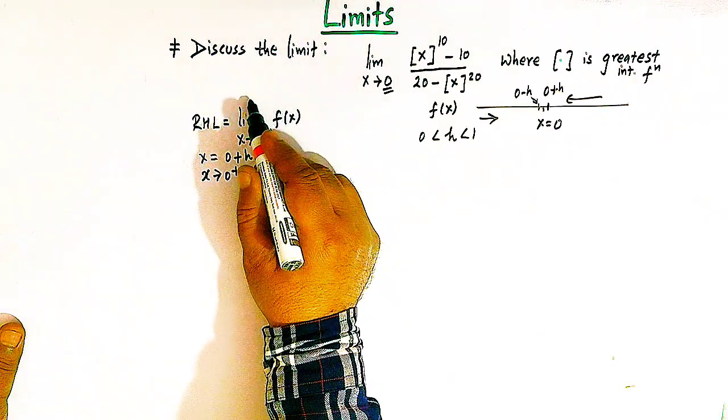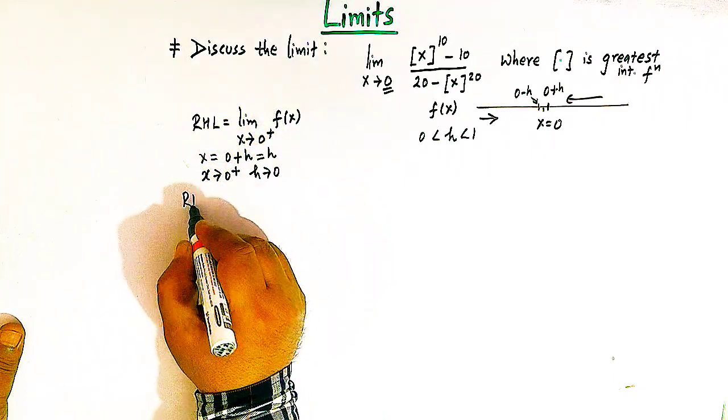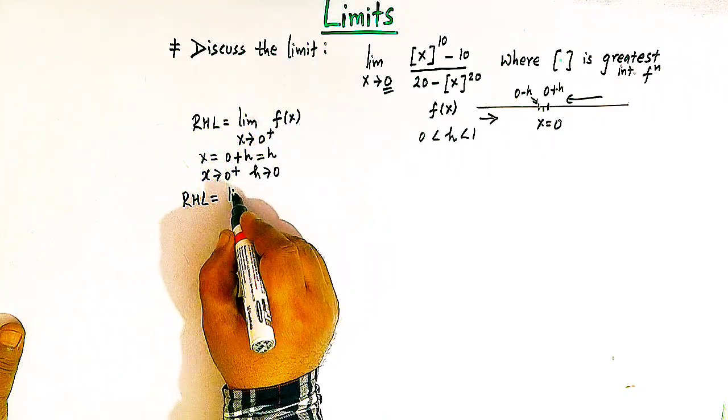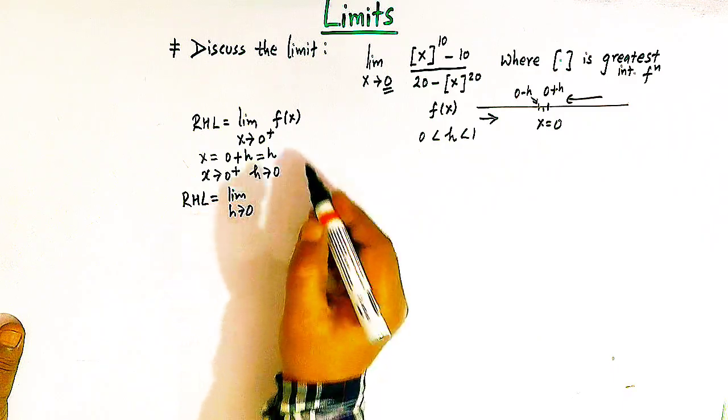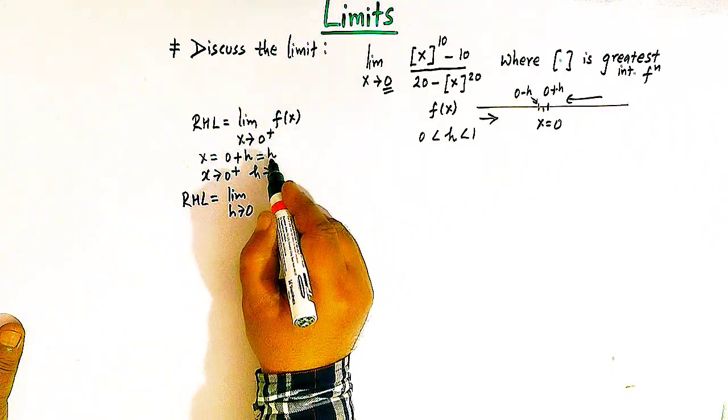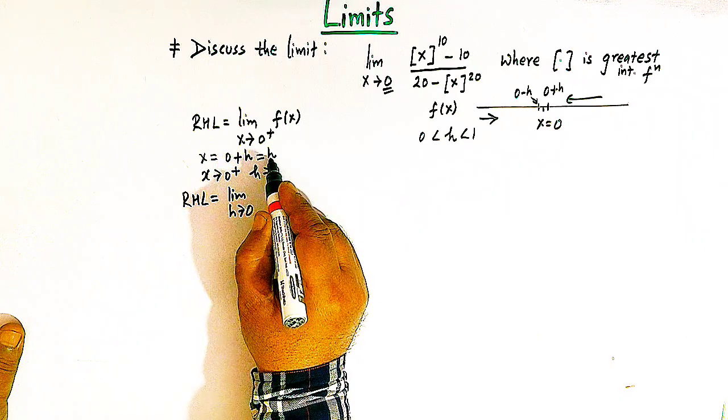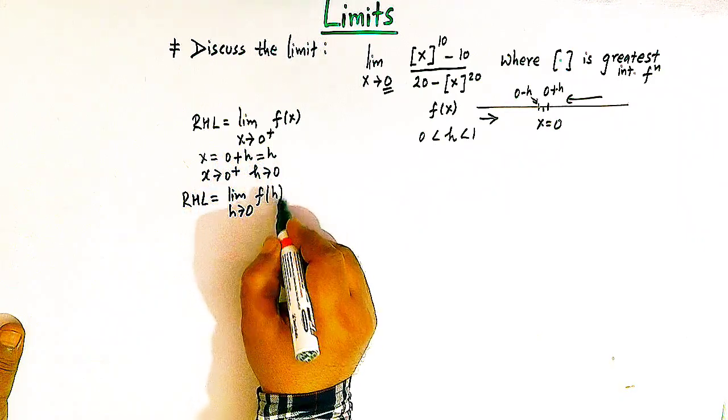So now, writing this limit in terms of h, we have limit h tends to 0, and for x we can write 0 plus h or simply h. So we have f of h.